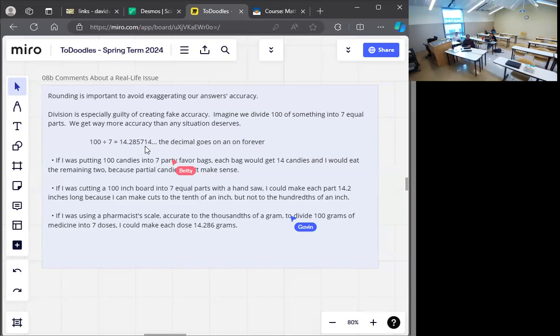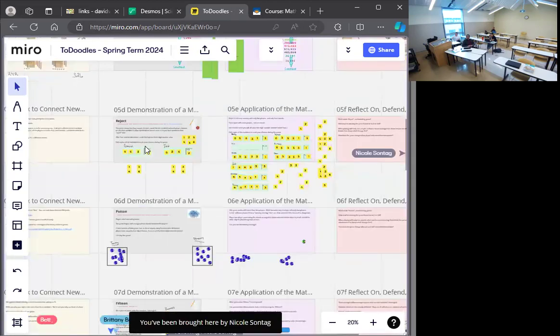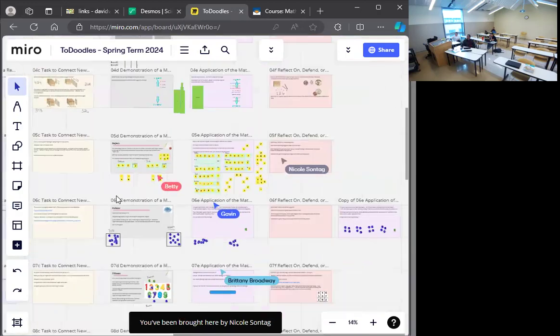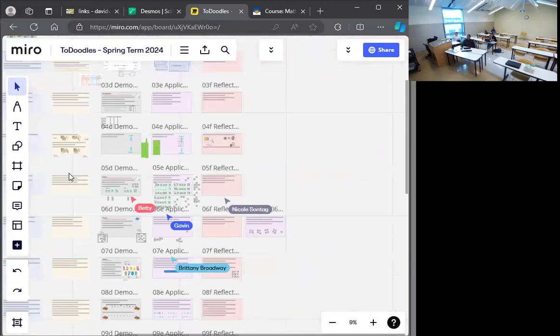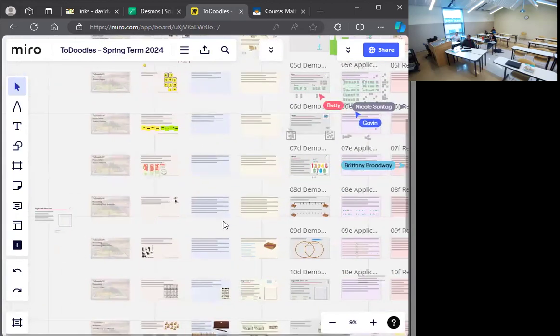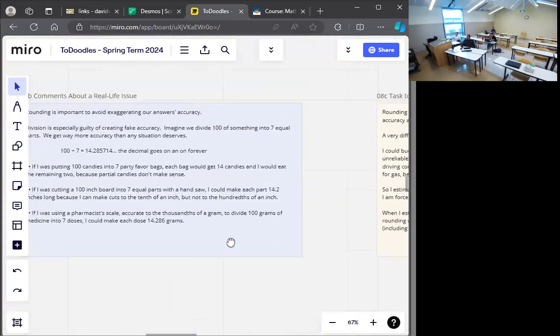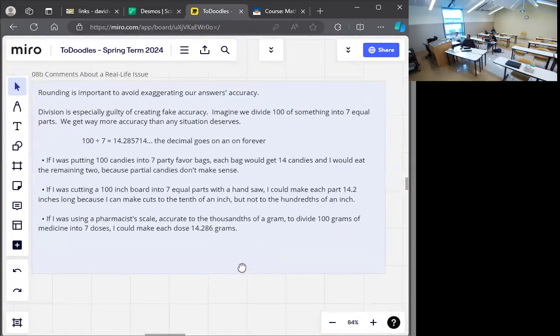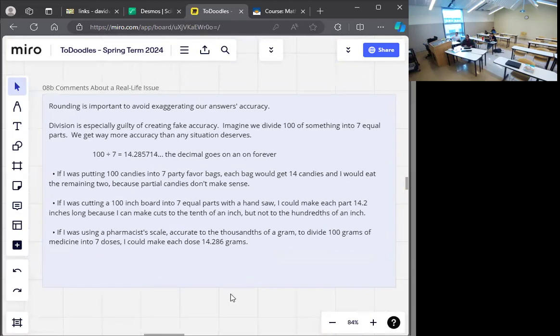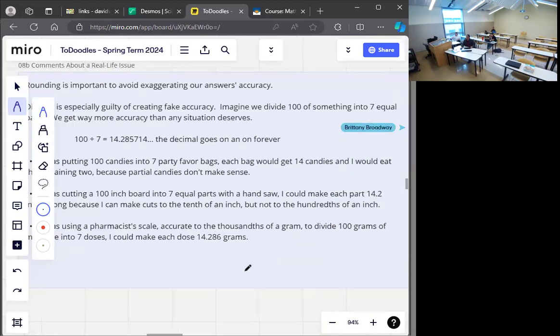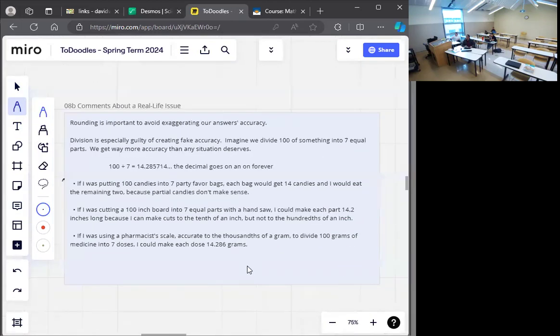In real life, I round based on what I'm doing. So if I was putting candies into a party favor bag, then I would round to the nearest whole number.